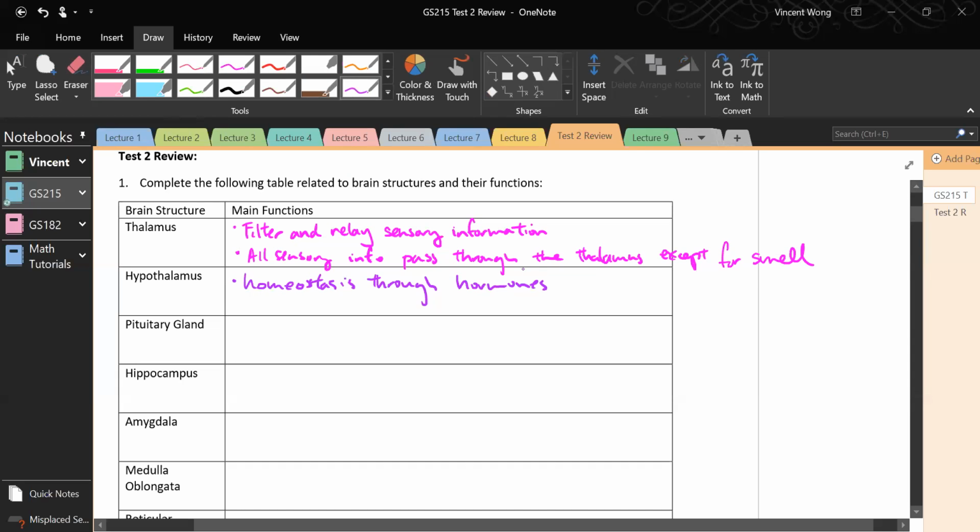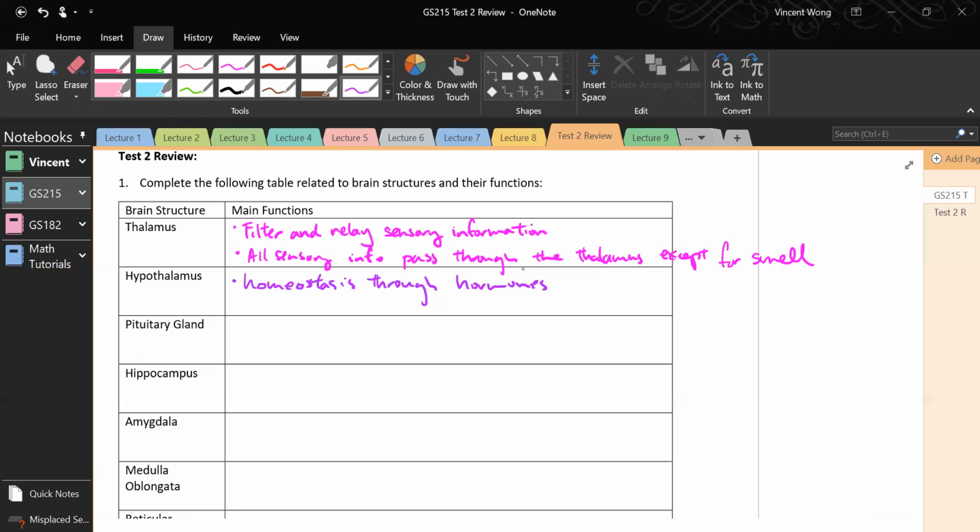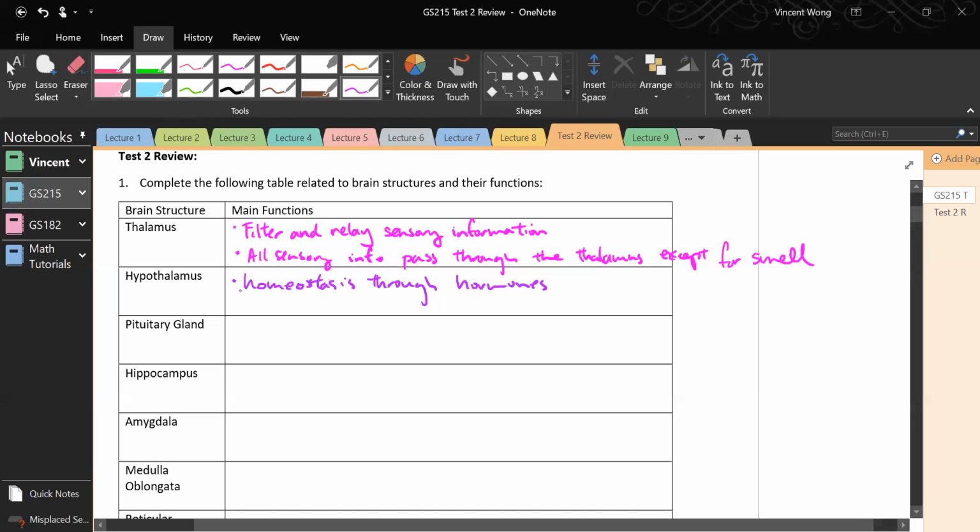So hypothalamus has its own hormones that help regulate things like water balance, but it will also control the secretion of other endocrine glands. And it works with the pituitary gland, which kind of hangs below the hypothalamus.